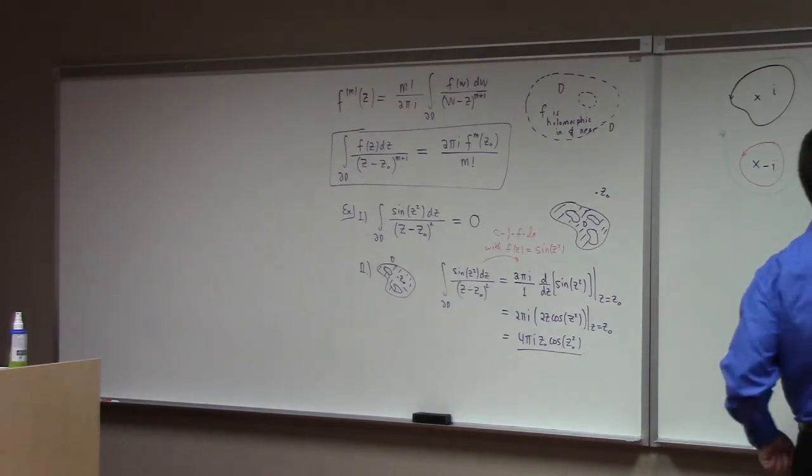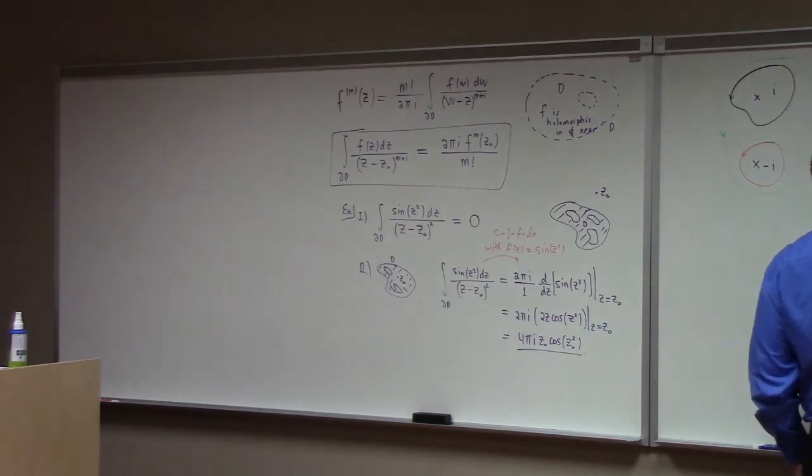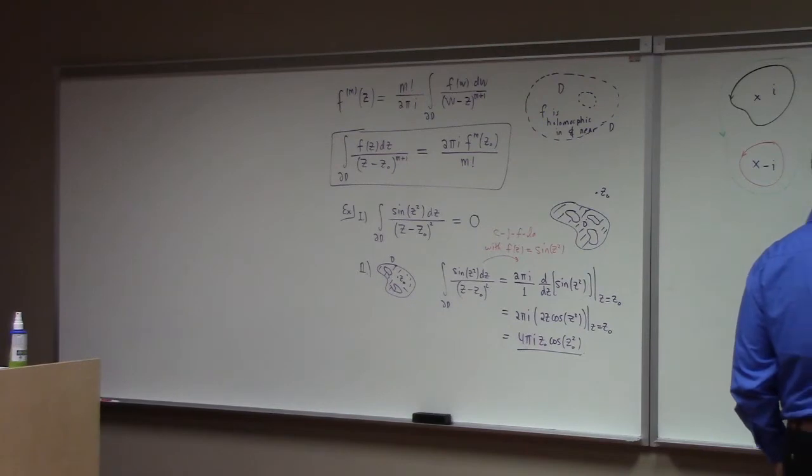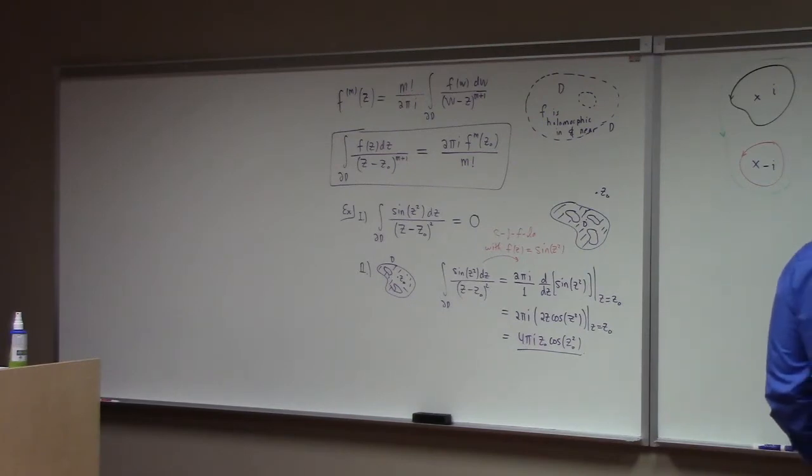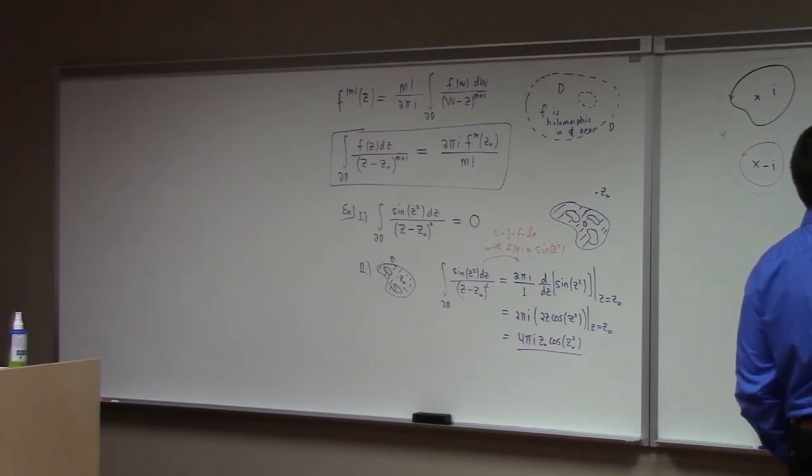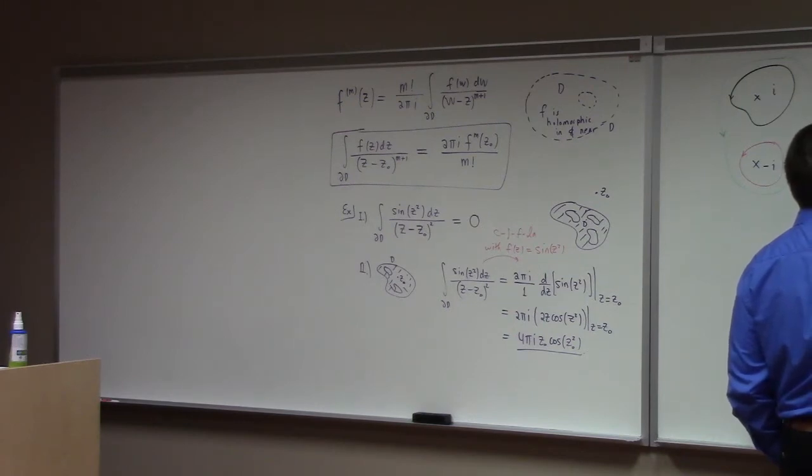Another example. What if we want to integrate dz over z to the 4th plus 1, around the circle modulus of z minus i equals 1/2?